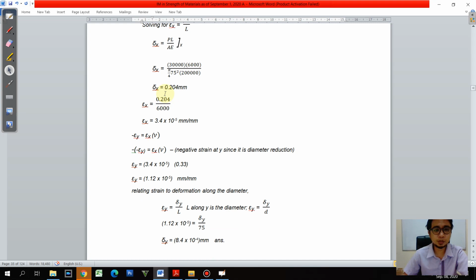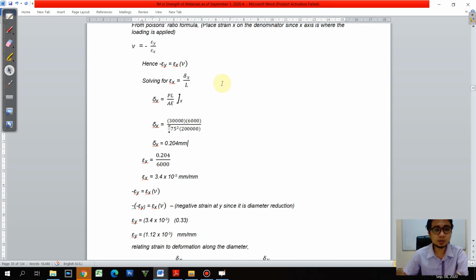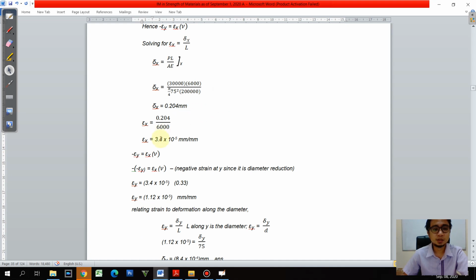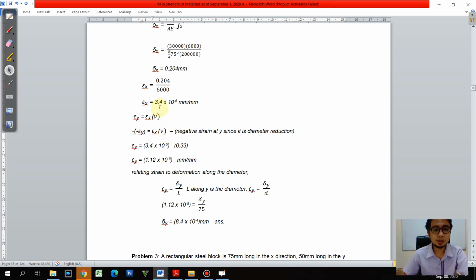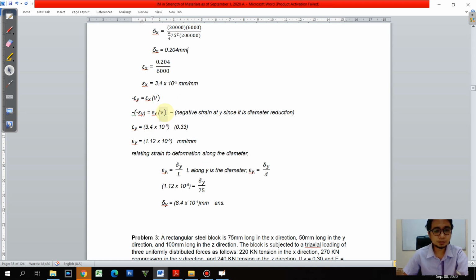So just substitute that one, and then we arrive at 0.204 millimeter delta X. So if we know delta X, of course, kapag may deformation, just divide that by the original length, and that will be the strain along X-axis. So we get again the value of the strain along the X-axis, substitute.